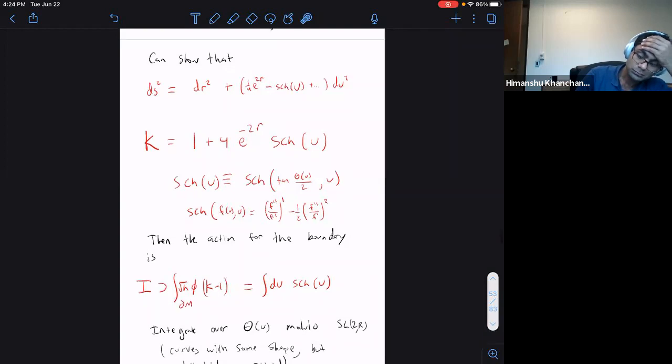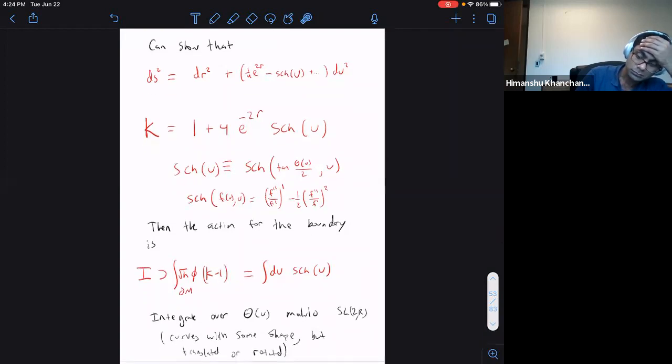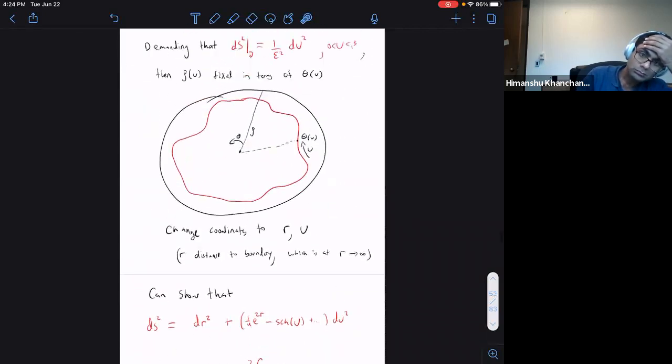So what is this Schwarzian derivative? Well, I've written it here, but the important fact about it is that it's invariant under certain transformations of theta. It's invariant under SL2R transformations of theta of u, which correspond to rotating this boundary curve or translating it in one of these two directions.